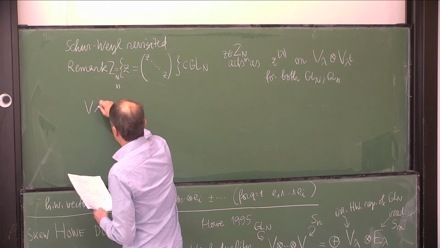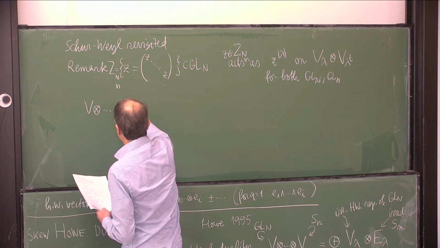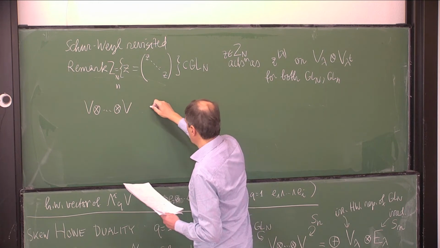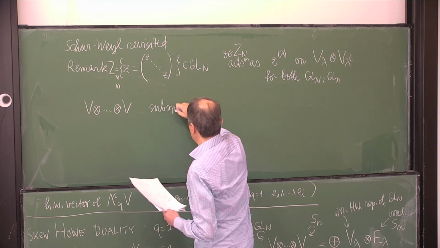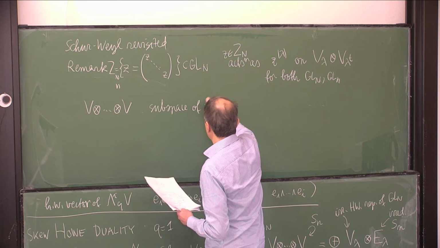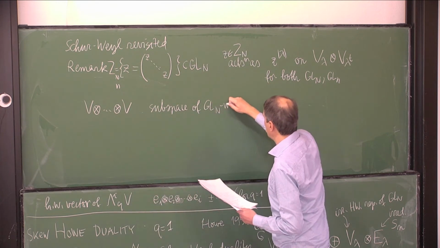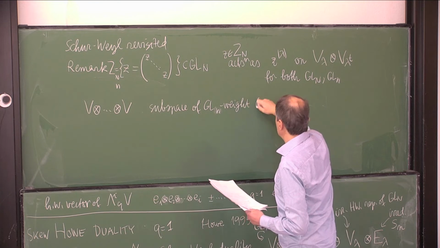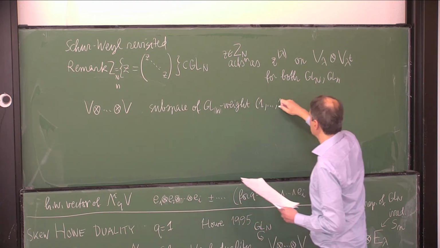So what is this V tensor V? It is the subspace of GL_n weight 1, 1, 1.